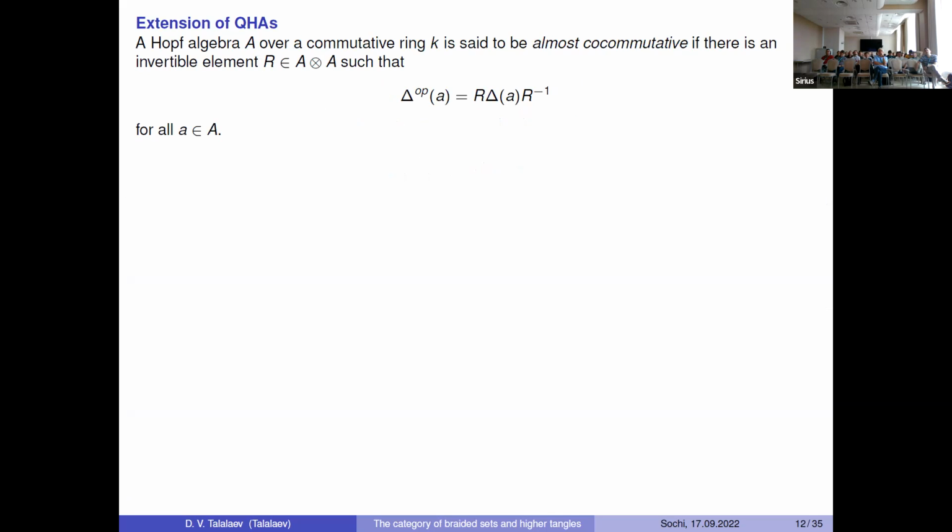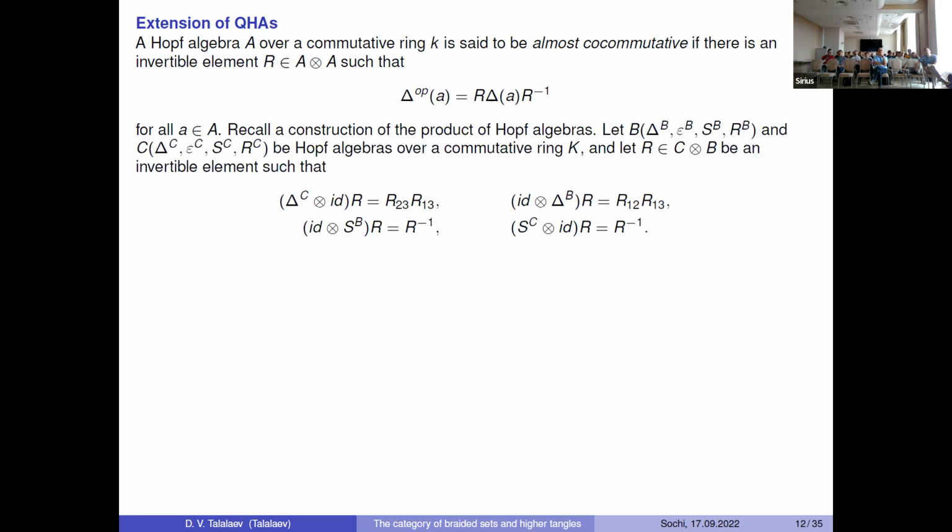Let's consider a Hopf algebra over a commutative ring K. It is almost cocommutative if its comultiplication satisfies such a condition. There is a construction of a product of Hopf algebras. Let B and C be almost cocommutative Hopf algebras with comultiplications, counits, antipodes, and R-matrices, and let R be an element of C tensor B, which satisfies such a condition.